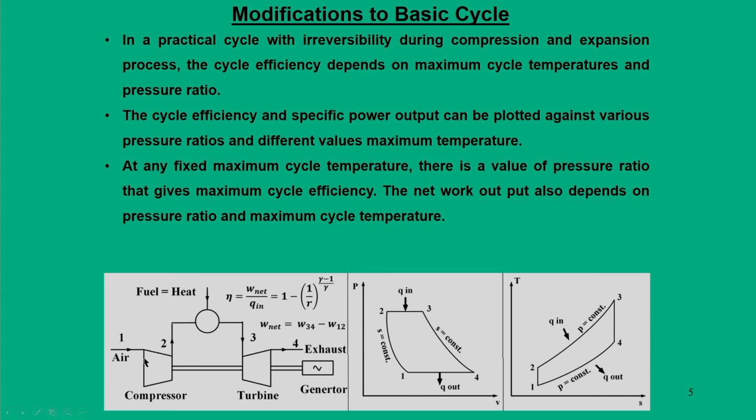And of course, on the compressor side there is a limiting case that we cannot go beyond a certain pressure ratio because handling will be difficult, and when we go for a very high pressure ratio within a single compressor, it becomes non-isentropic in nature. So, these are some of the issues that need to be addressed, so that we get better cycle efficiency and power output.